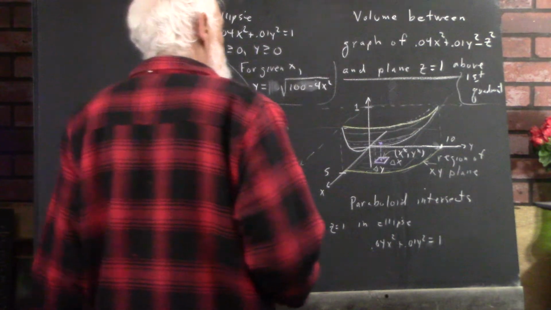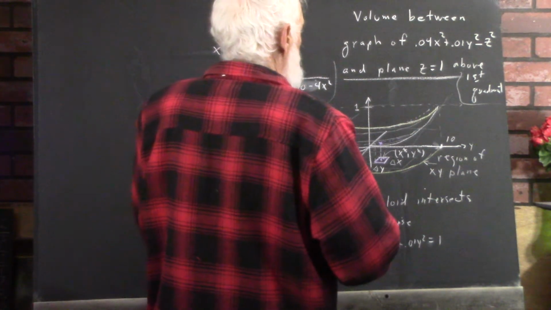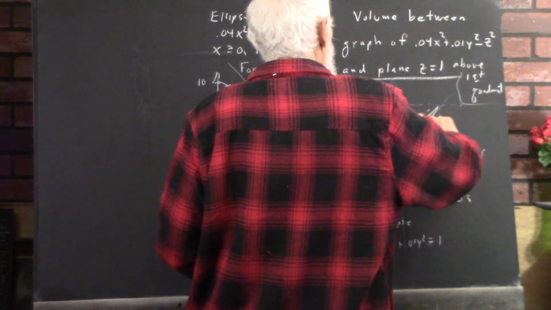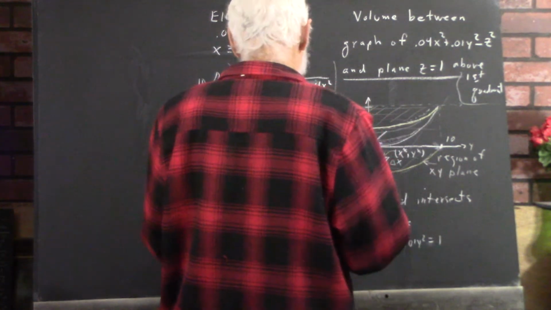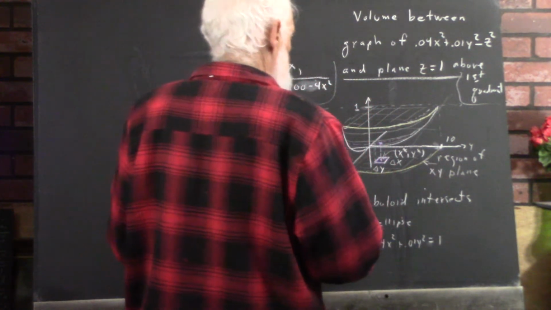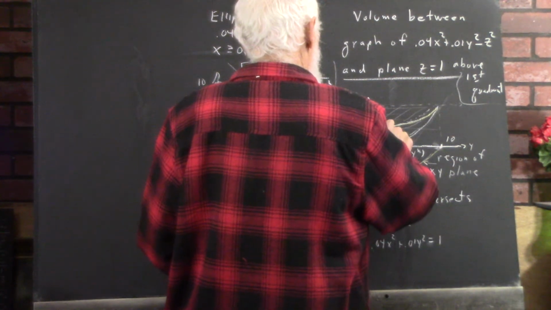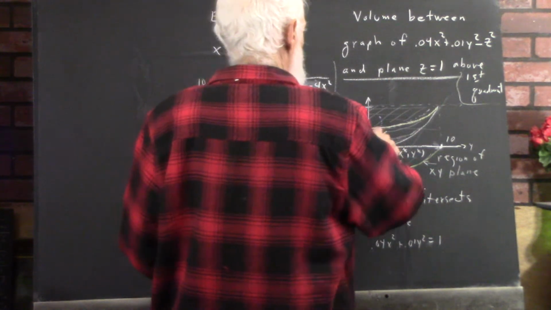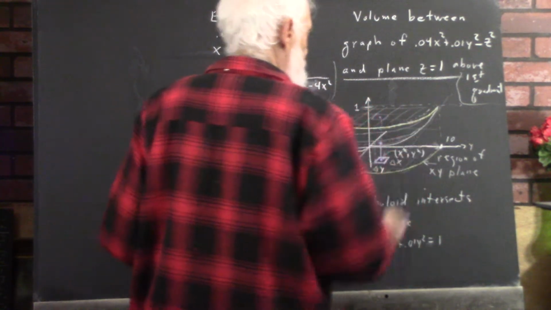It intersects here, and then it goes on up to the plane z equals 1, which is very clearly this plane. So it goes from here, and then it goes all the way up to here. And when you get up here, of course, you've still got your delta x by delta y.